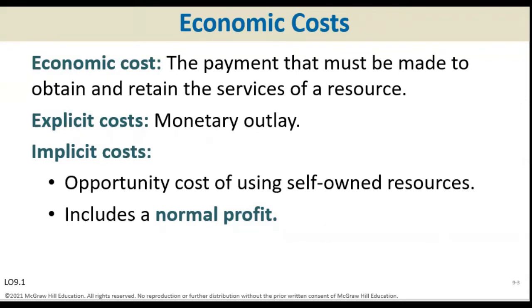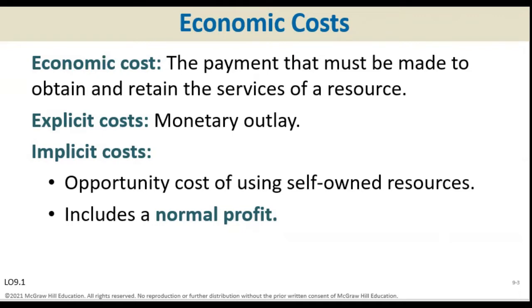While the implicit costs are all those monetary payments to self, right? So here you have to think about the opportunity cost, everything that you must forgo to be able to produce the output.